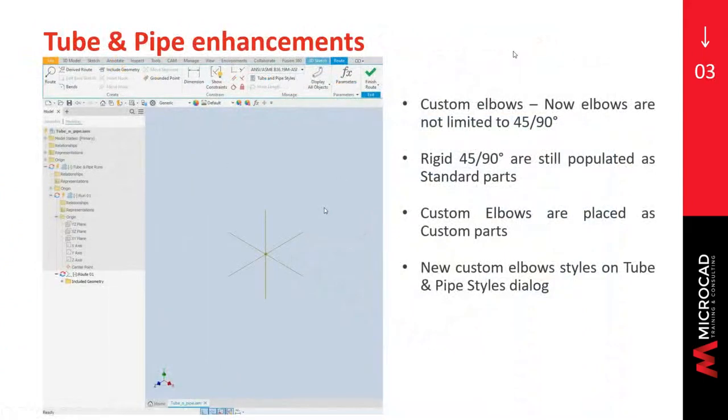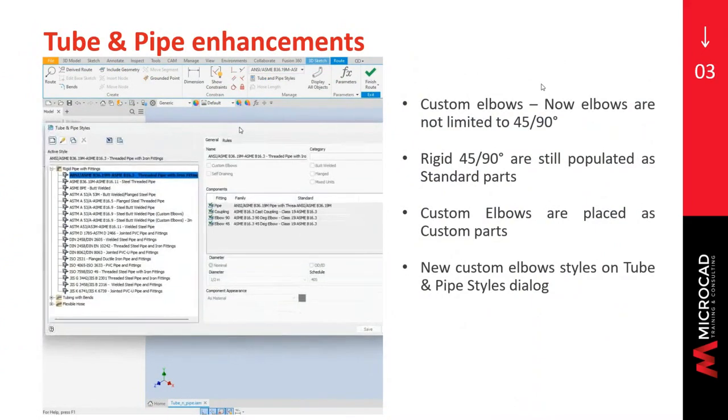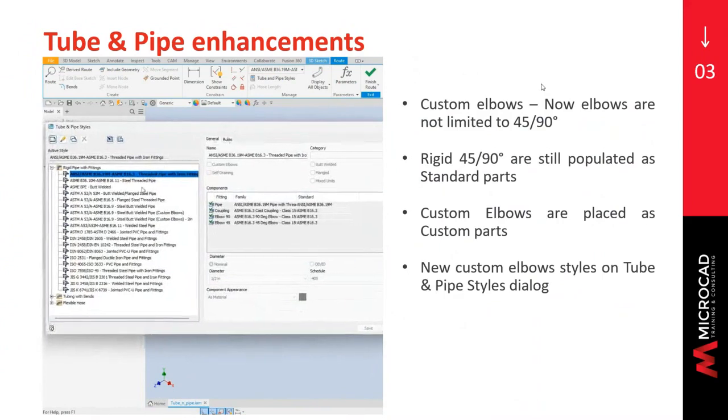The third feature I want to talk about is the enhancements that were made to the tube and pipe environment. Namely custom elbows support. So before, when we were creating some routing on the tube and pipe environment, we only could use regular elbows, like a 45 degrees or 90 degrees elbow.